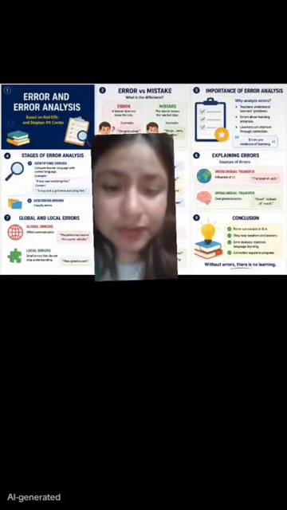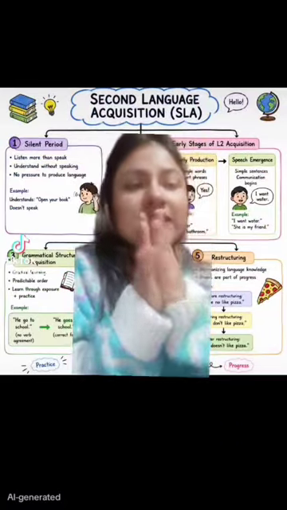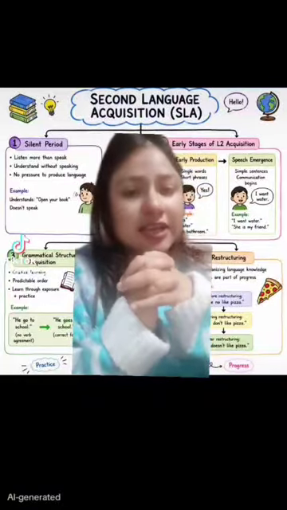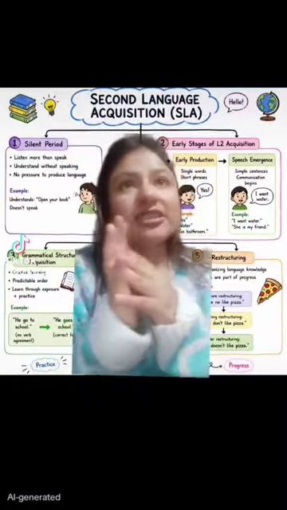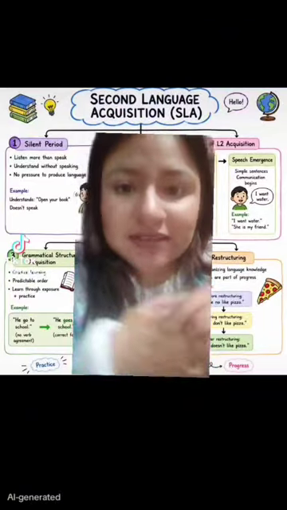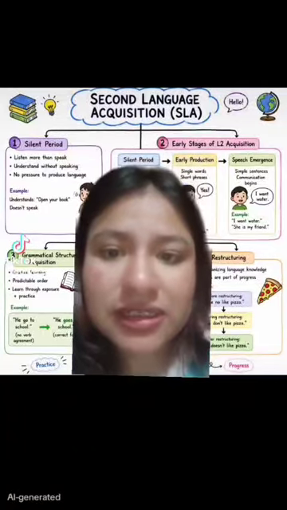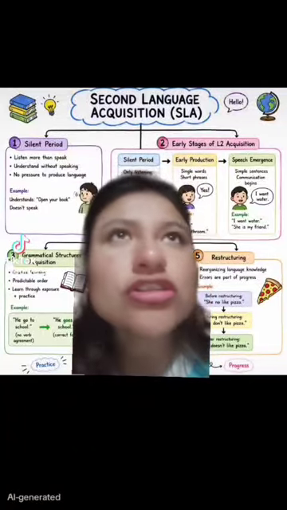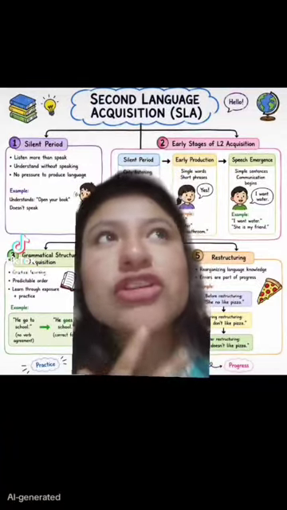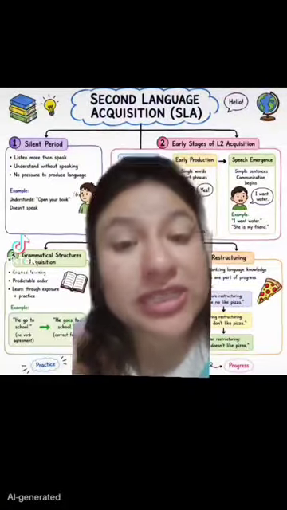In second language acquisition, I talk about the silent period. The silent period is when learners listen more than they speak. They understand but use phrases, not speaking frequently in class interaction.